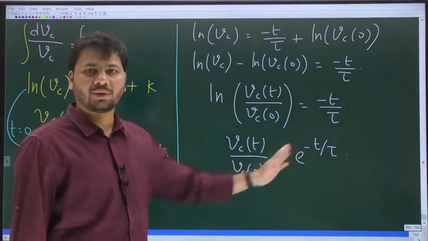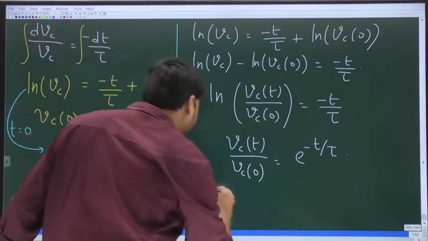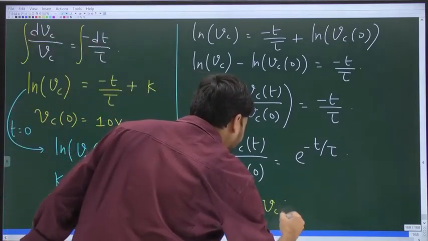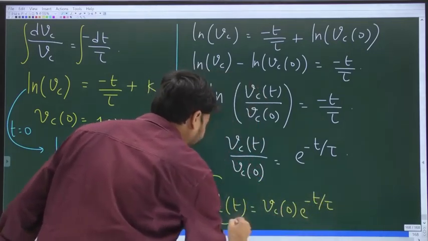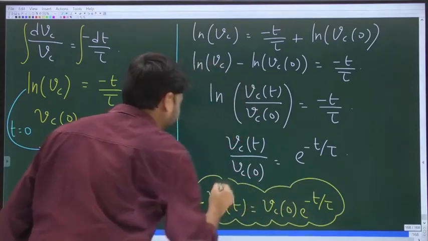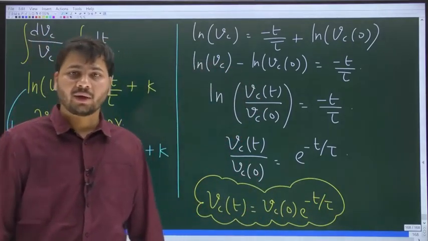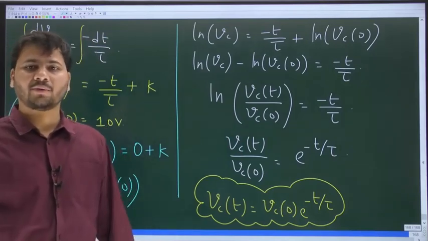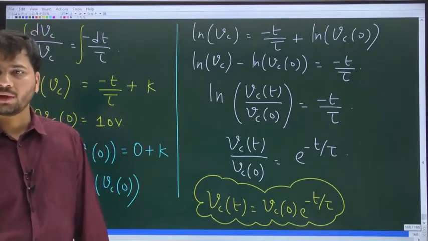Now you send Vc of 0 to the other side, and we get the final thing: Vc of t equal to Vc of 0 into e power minus t by tau. This is the final solution for Vc of t in our source free RC circuit. Please note it.